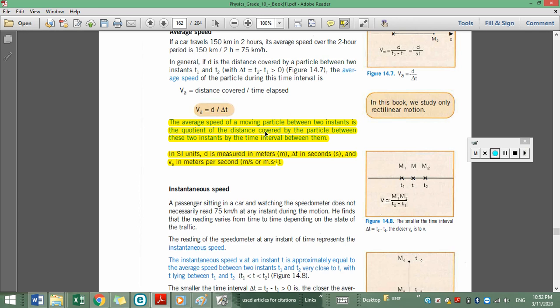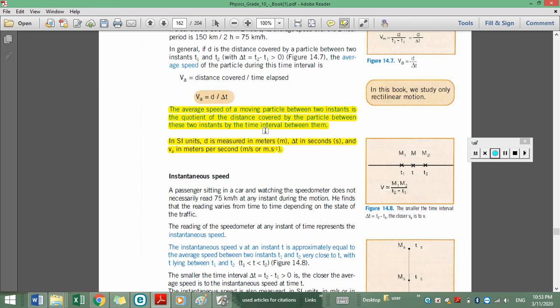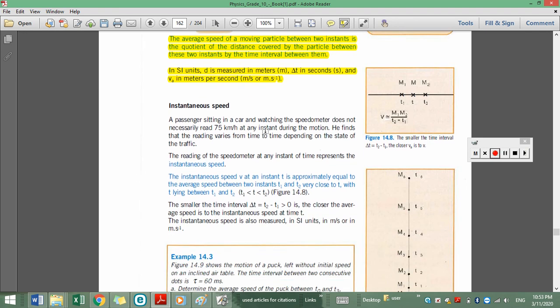Sometimes maybe the car accelerated or decelerated or stopped because of the traffic jam. So the instantaneous speeds at different instants change. However, the average speed is calculated to be 75 km per hour. So the instantaneous speed V at an instant t is approximately equal to the average speed between two instants t1, t2, such that t1 and t2 are very close to each other.